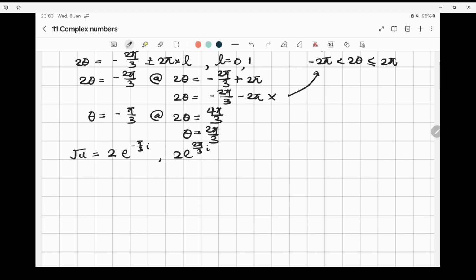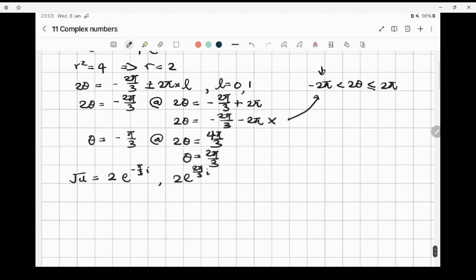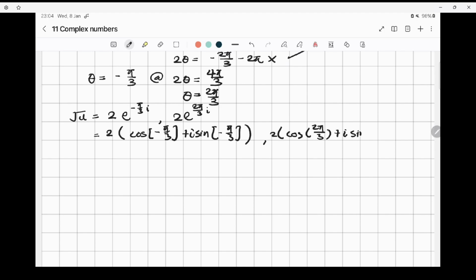So if you want to convince yourself that this is the same solution as method 1, what you can do is to expand this. So this is basically cos(-pi/3) plus i sin(-pi/3), or the other solution will be 2 cos(2pi/3) plus i sin(2pi/3).